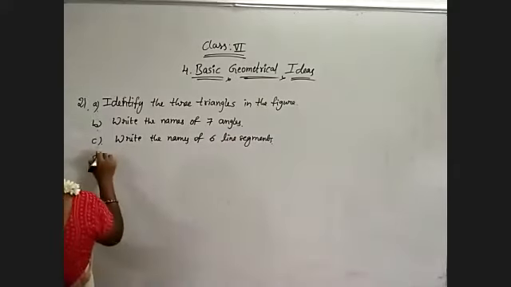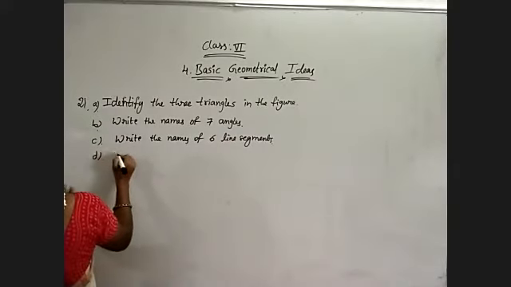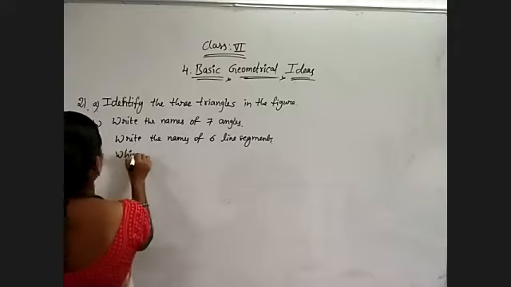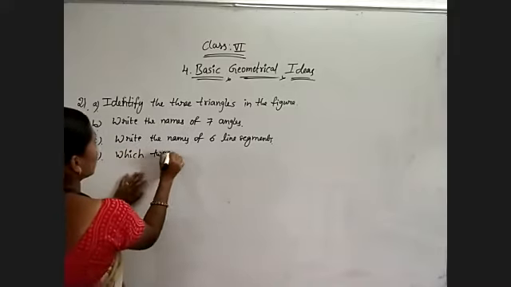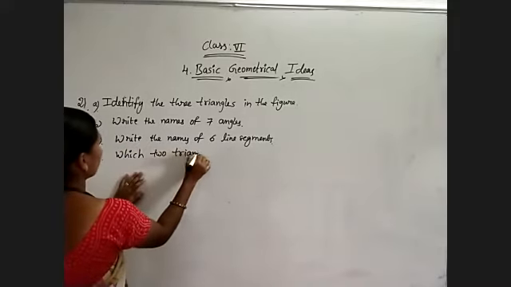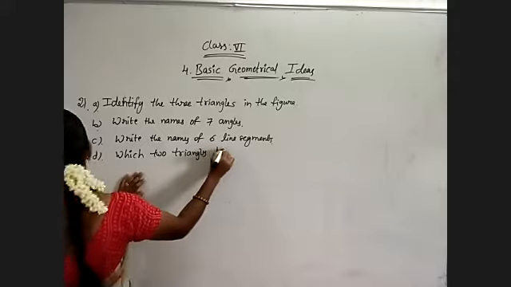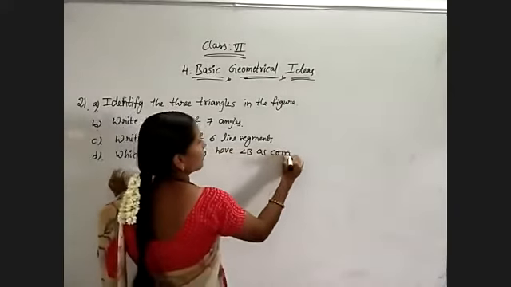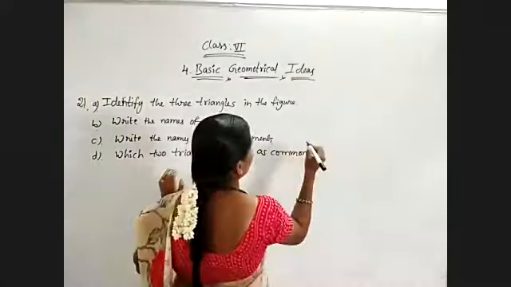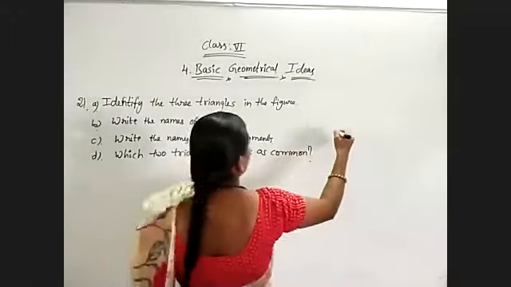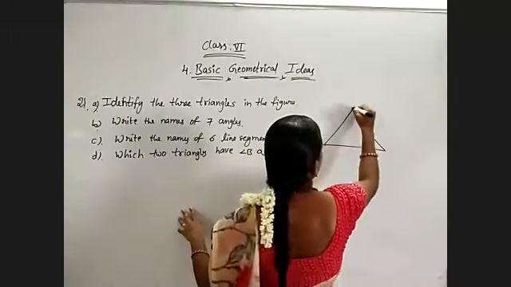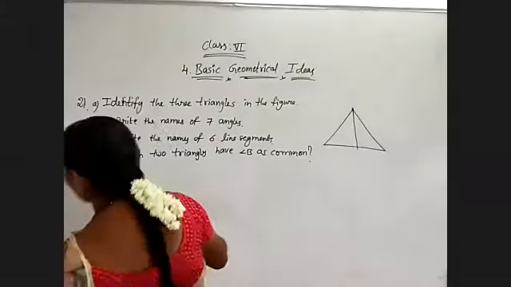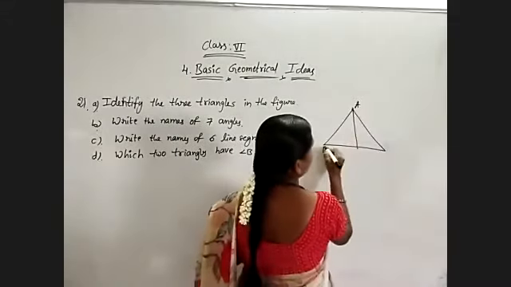And last, which two triangles have angle B as common? And here the figure is given by ABCD.